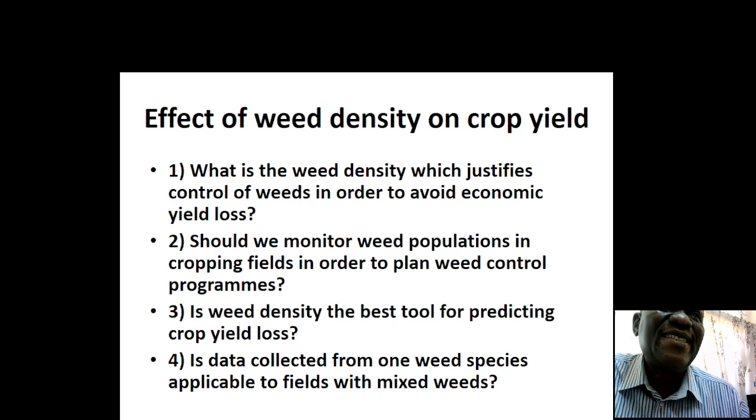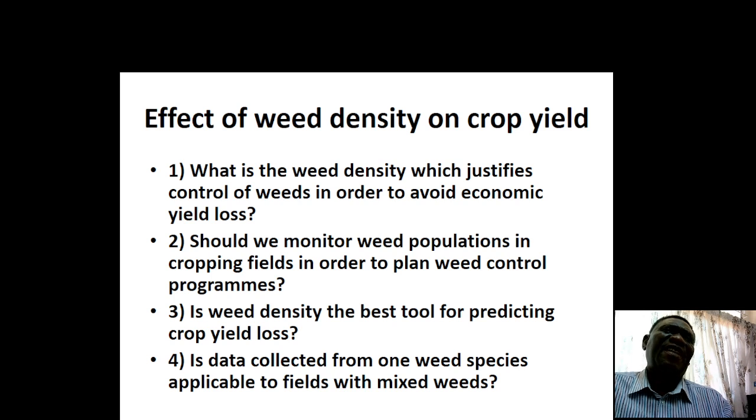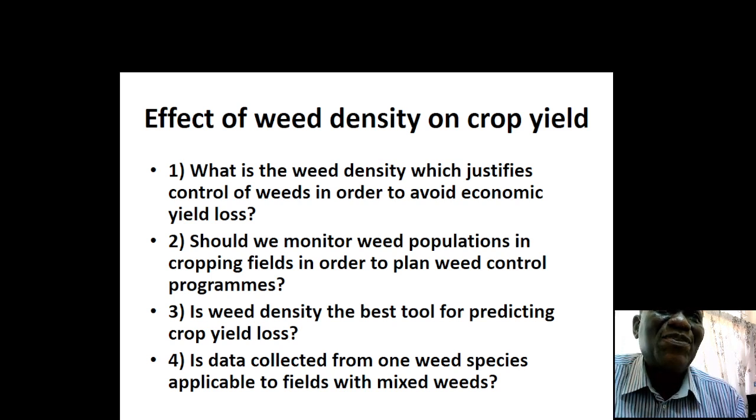Is weed density the best tool for predicting crop yield loss? Maybe there are other issues which we should explore. I will talk about them. Is the data collected from one weed species applicable to fields with mixed weeds?